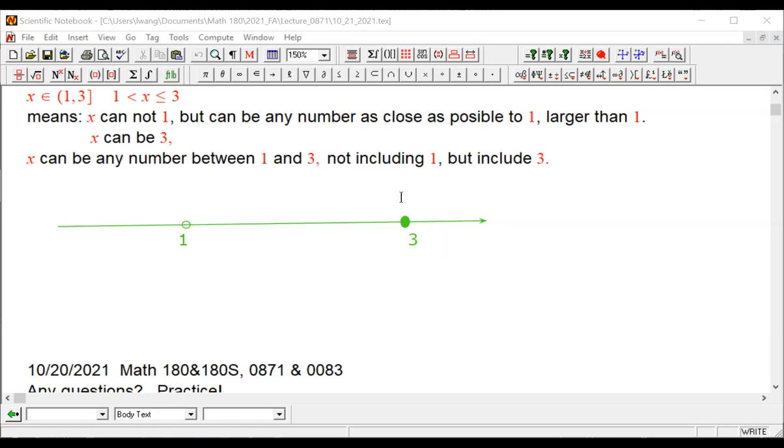So the choices for x can be anything between 1 and 3, including 3 but not including 1. You can get as close as possible to 1 from larger than 1, but you should never assume the value of 1 exactly.